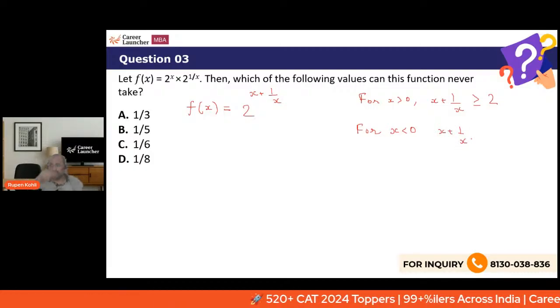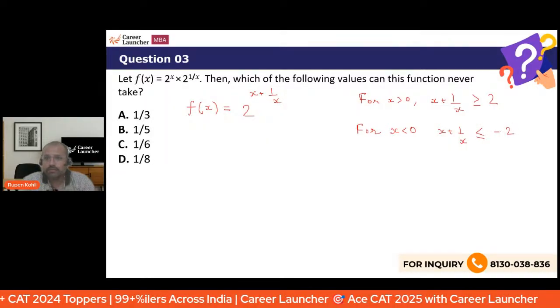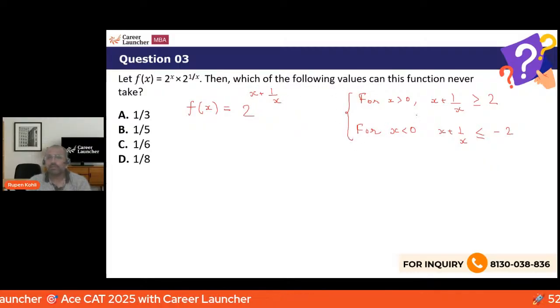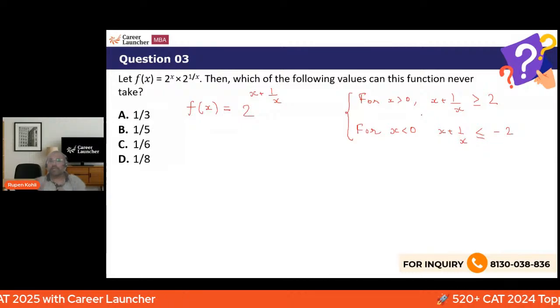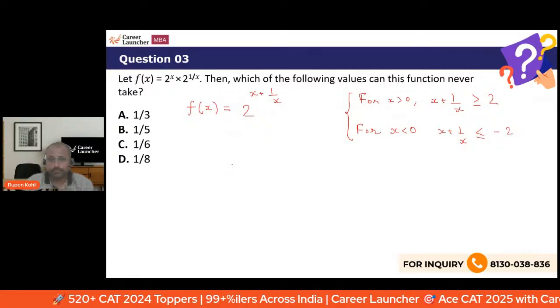The value becomes -2 plus -1/2, which is -2.5. So it is less than or equal to -2. So this whole question is revolving around the maximization of this function, x plus 1 by x. Eventually, this function is either greater than or equal to 2 or less than or equal to -2 in magnitude.